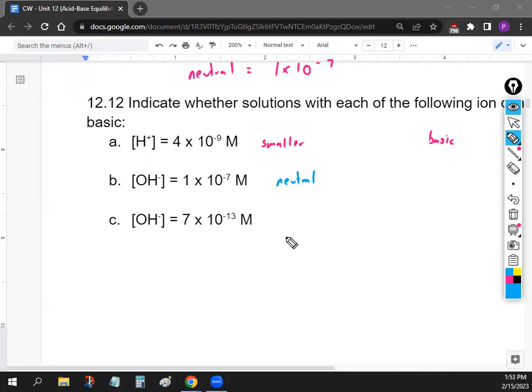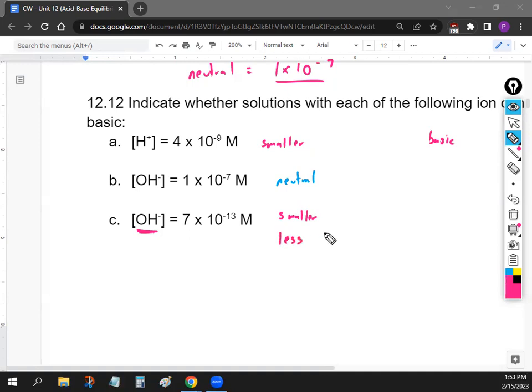All right, now this one right here might seem a little bit trickier because it's in concentration of OH minus, not H plus, but we can use the same reasoning. If we take a look at this and compare it to the neutral number, is this number smaller or greater than this number right here? Yeah, it's smaller. Since it's smaller and we're talking about OH minus, do we have more OH minus or less than at neutral?